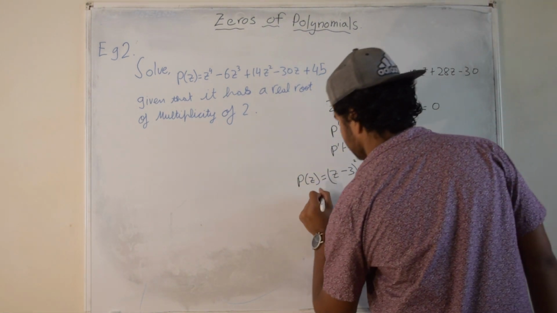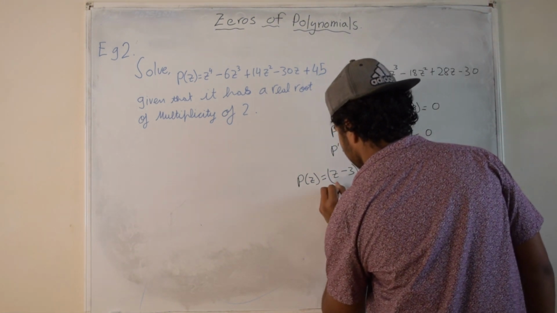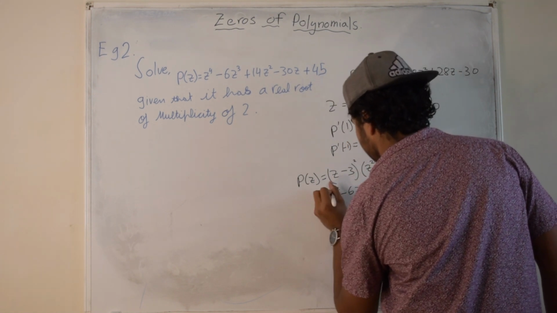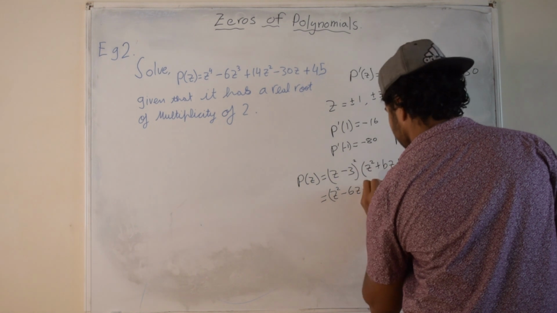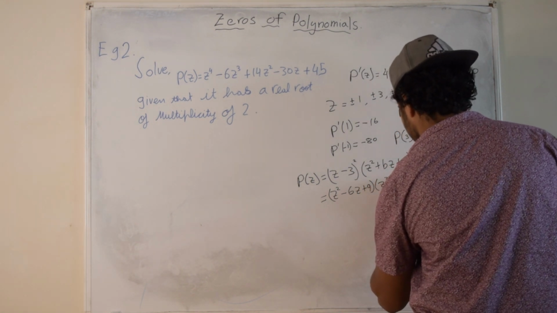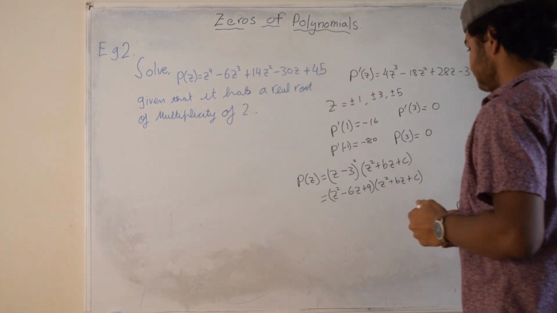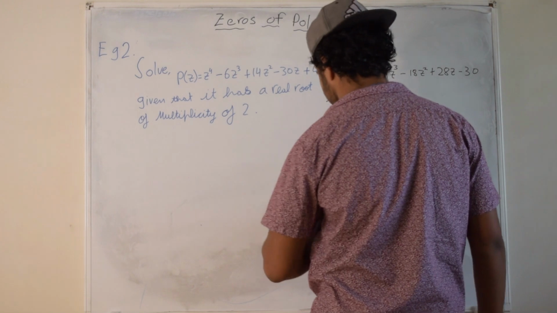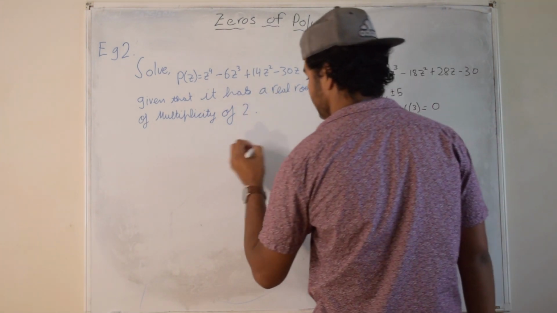Expand this, so we get z squared minus 6z plus 9, times z squared plus bz plus c. 9c needs to equal 45 to find the value of c.